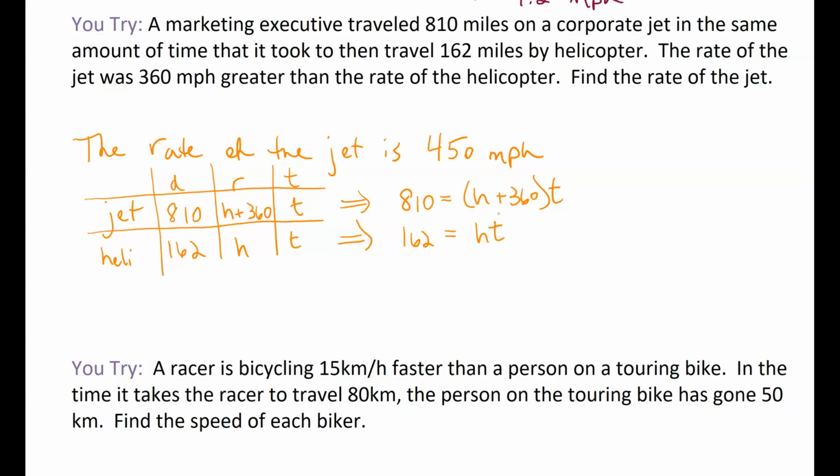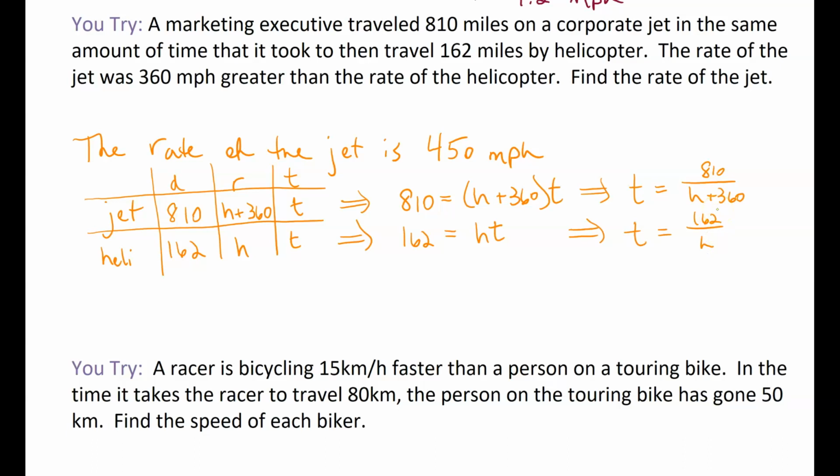And then at that point, do we have multiple ways we can go about solving? Times are equal, right? So that's really easy to isolate. So in this one, time is equal to 810 over h plus 360. And in this one here, time is equal to 162 over h.